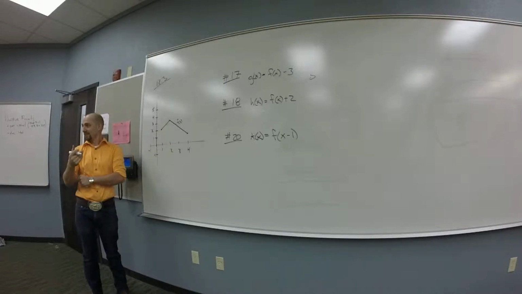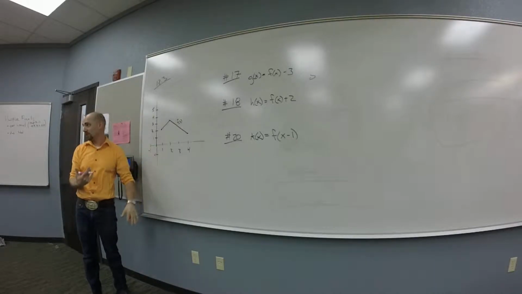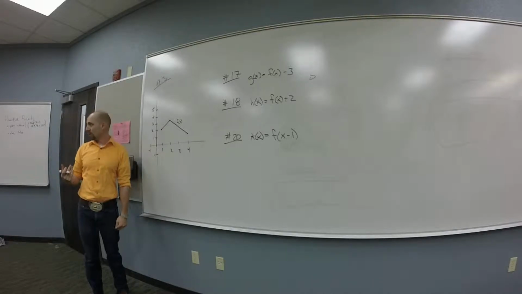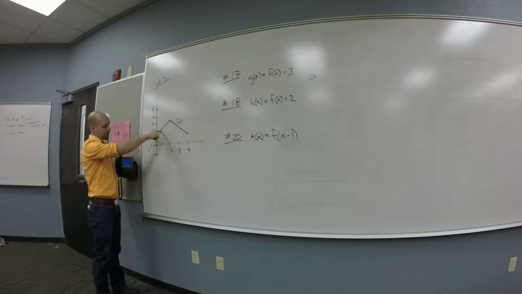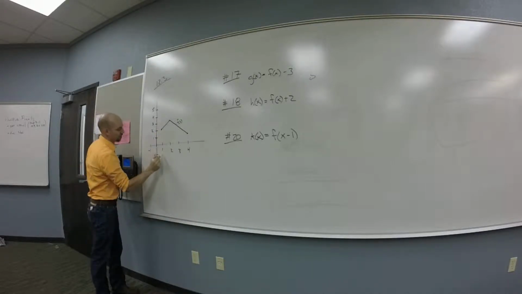The whole thing really just has to get shifted down 3 units, right? So let me do each point and then just draw the lines in between them. This point is at, what are the coordinates for this? 1, 2. So shift down 3 means it needs to be at 1, negative 1.